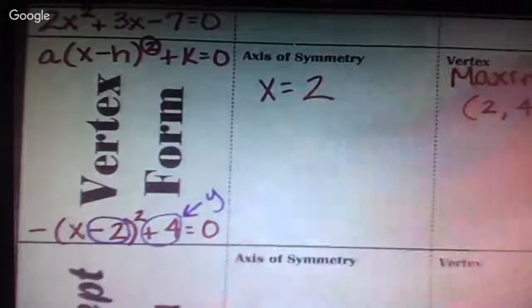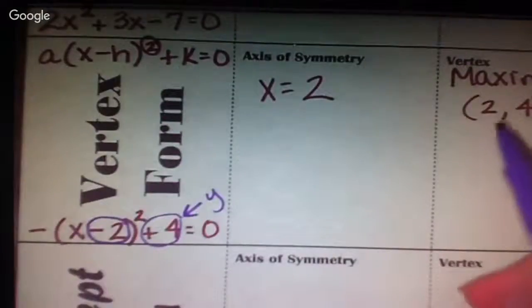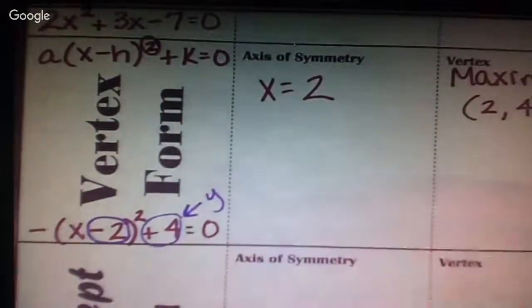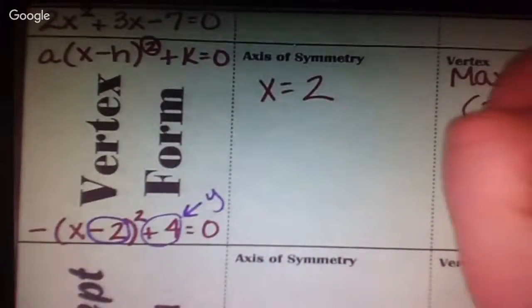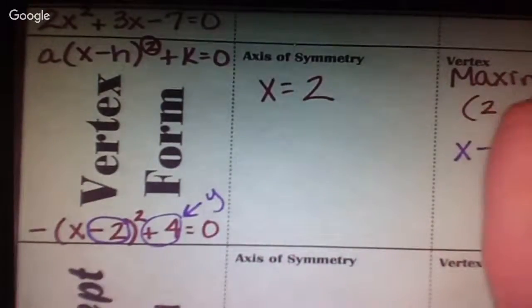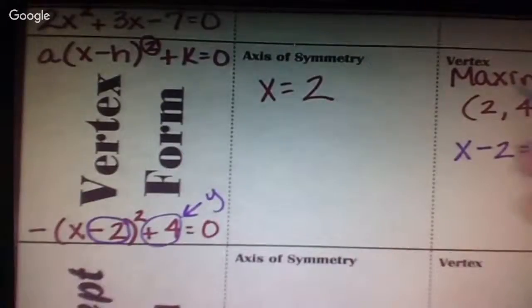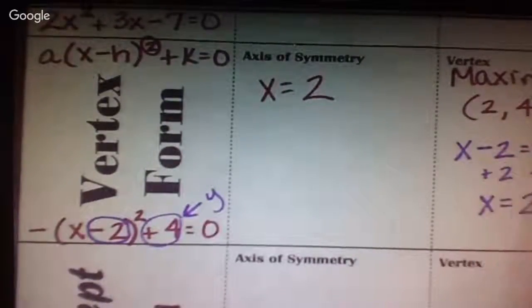Your x, okay, it's x minus 2. This is positive 2, though, because of the negatives on the outside. This happens because you would technically set x minus 2 equal to 0, add 2 to both sides, and get positive 2.